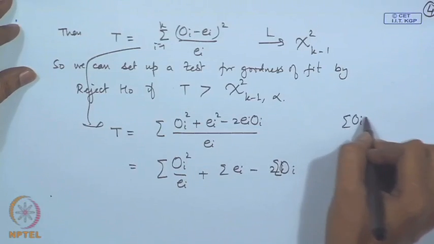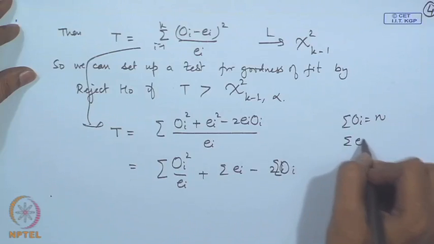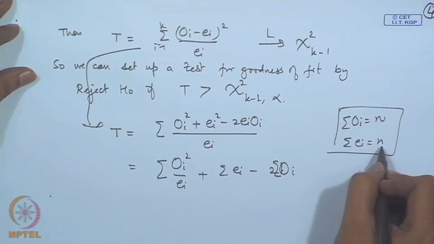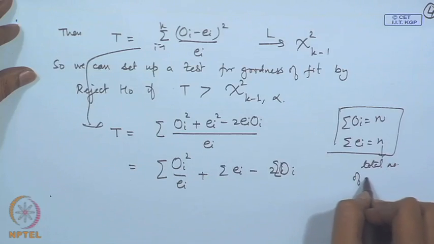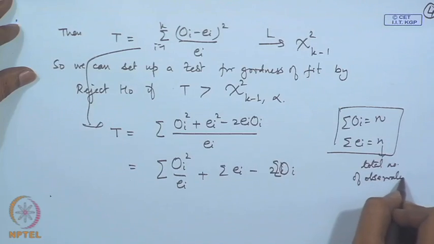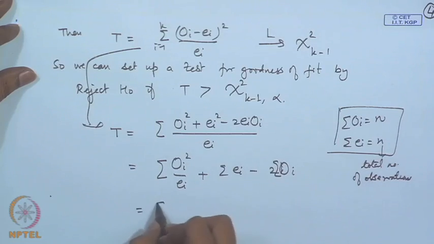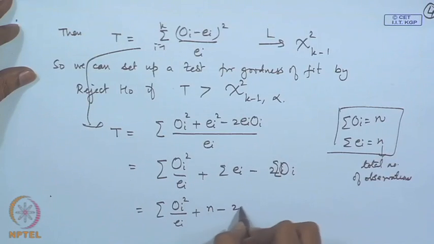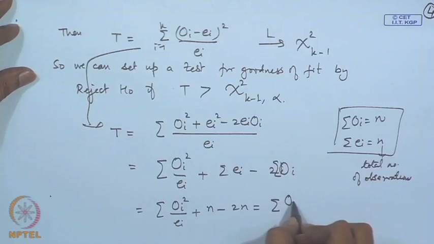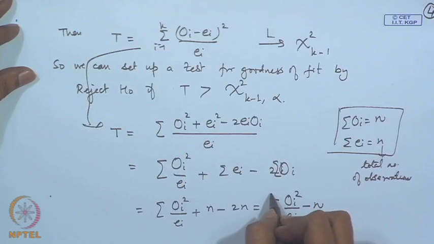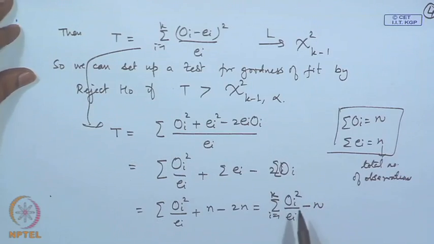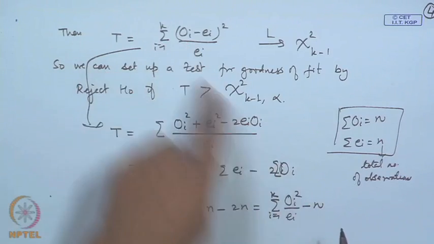Now, sigma Oi is n, sigma Ei is n, that is the total number of observations. So, that is equal to sigma Oi square by Ei plus n minus twice n, that is equal to sigma Oi square by Ei minus n. So, this is a simplified formula for T here.